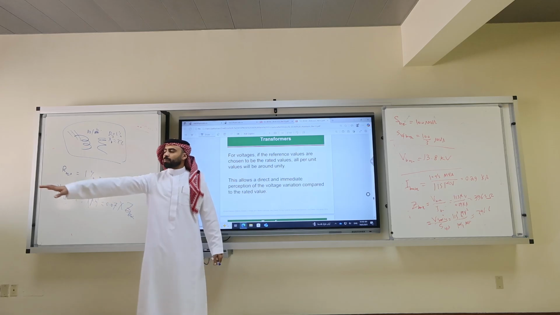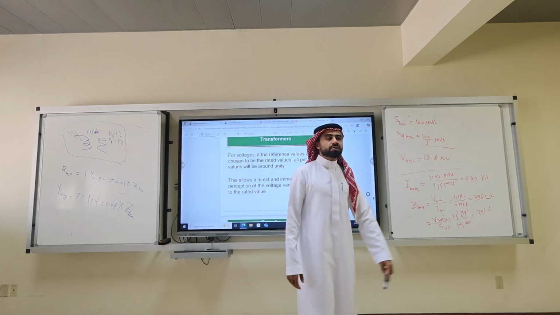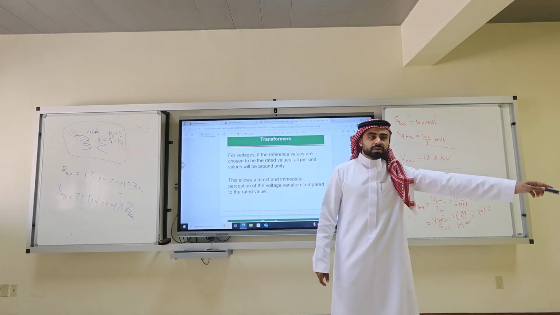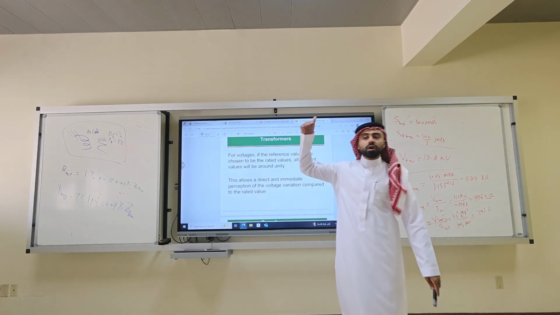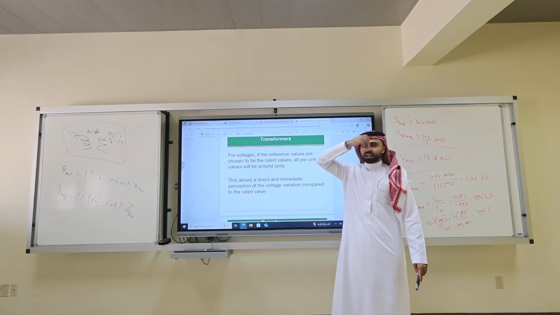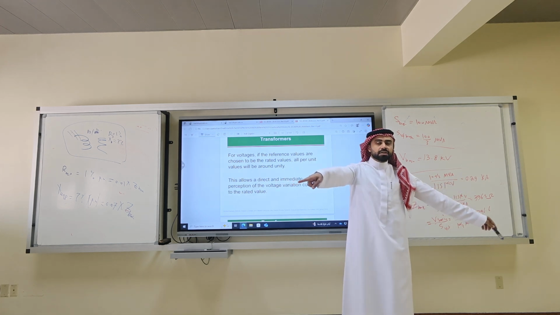I tell you, this is 1.05 per unit, this one is 1 per unit, this one is 0.9 per unit. If I see a system 0.7 per unit, means there is a voltage collapse. Or if I see 1.3 per unit, it means there is over voltage. I don't need to know what is the voltage level here, 115, or here 13.8.